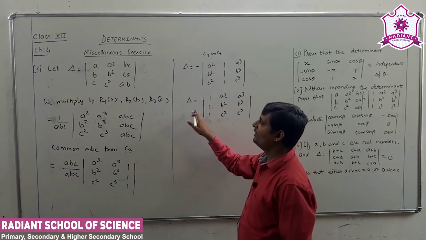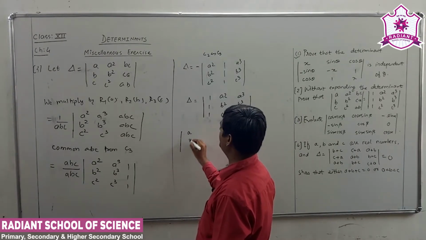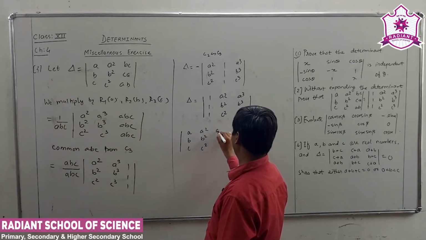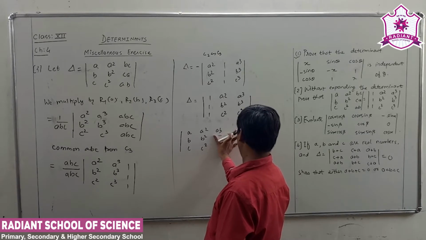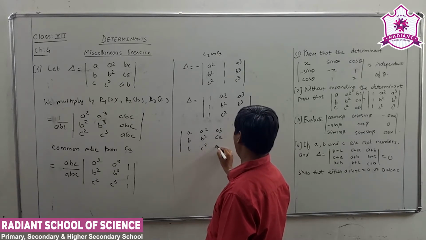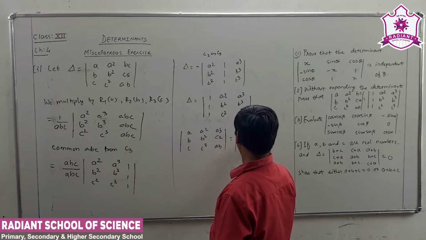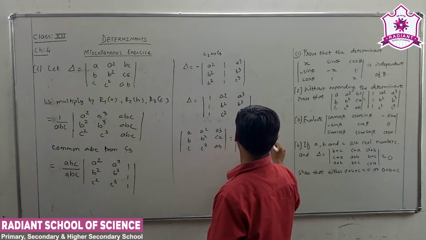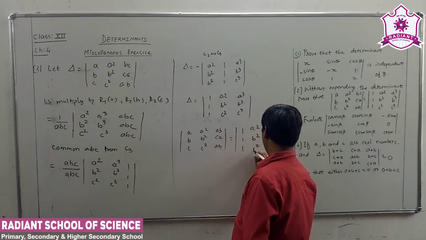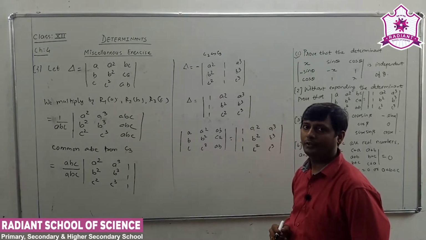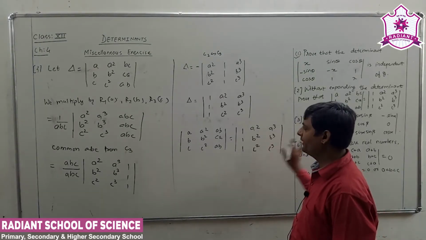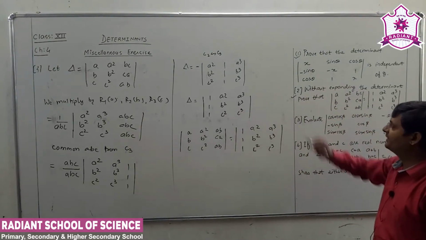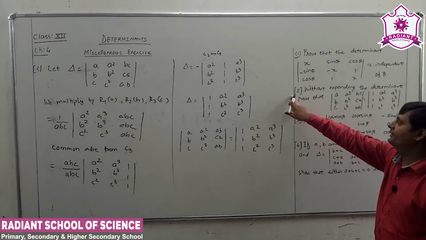So we have proved it. Let D be the determinant a, b, c; a square, b square, c square; bc, ca and ab, which is equal to 1, 1, 1; a square, b square, c square; a cube, b cube, c cube. Understand this? So the result is clear. Now the second is clear.